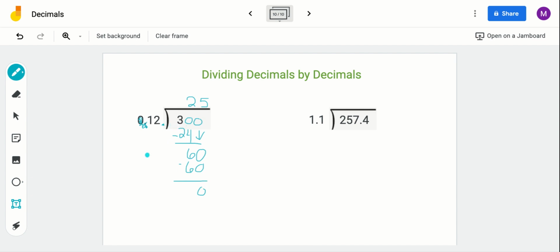Now we can check that. If we're not entirely sure, we can do 12 hundredths times 25 and make sure that it equals our original 3. So I'm going to do 5 times 12, and that equals 60. 20 times 12 is going to be 240.